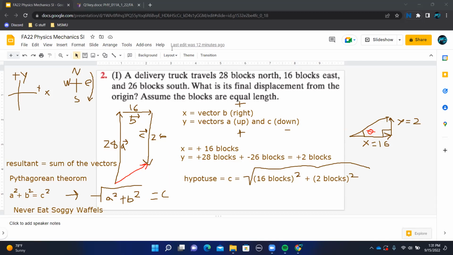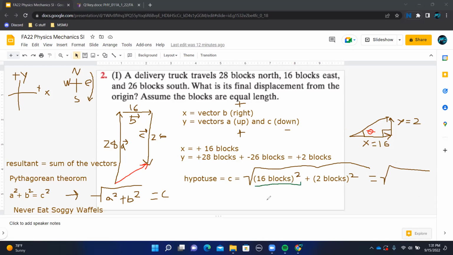So then that should equal the square root of 16 squared plus 2 squared.